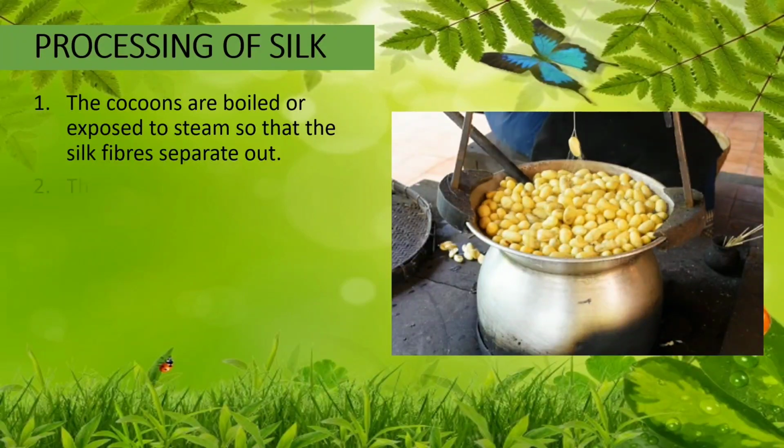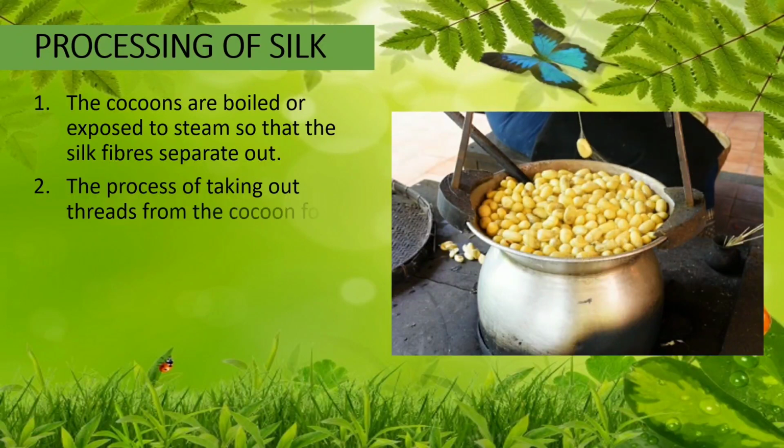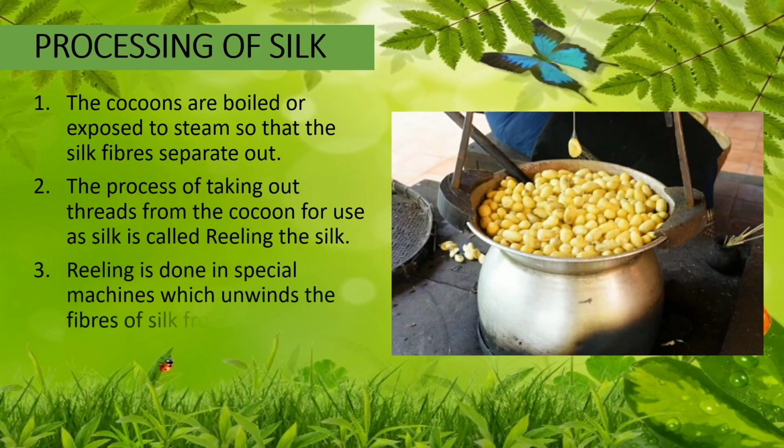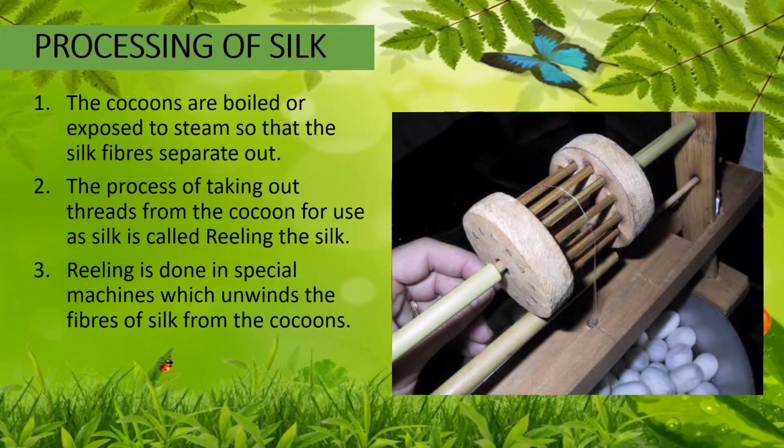The process of taking out threads from the cocoon for the use of silk is called reeling the silk. Reeling is done in special machines which unwind the fibers of silk from the cocoons. So this is the specialized machine which unwinds the fibers from the cocoons.